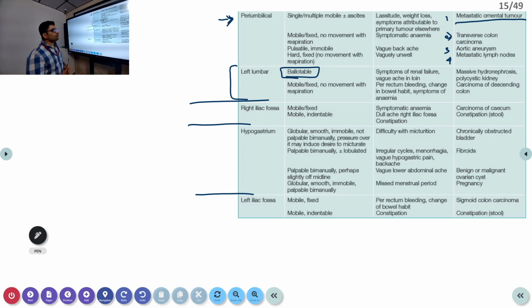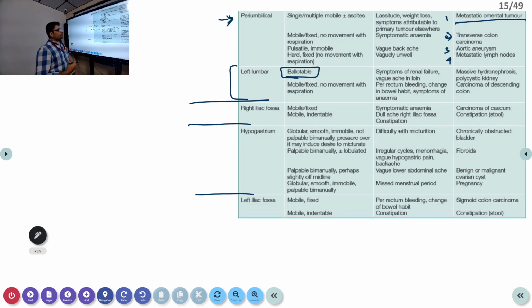That is the body's way of containing the infection. It consists of the omentum, mesentery, appendix, as well as the surrounding bowel, forming a mass so that the infection is contained. That is called an appendicular mass.